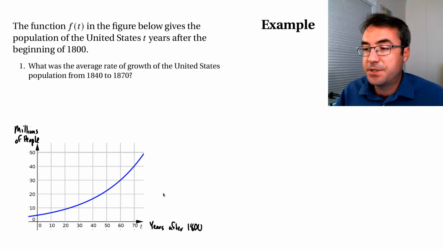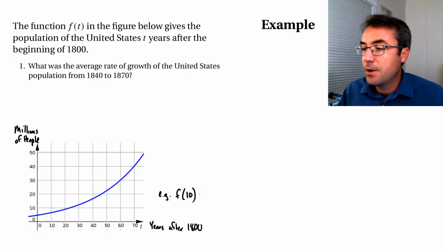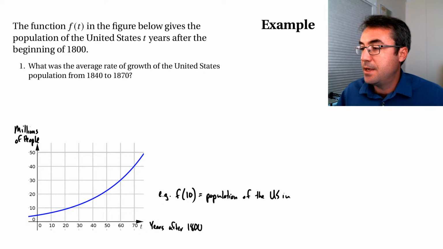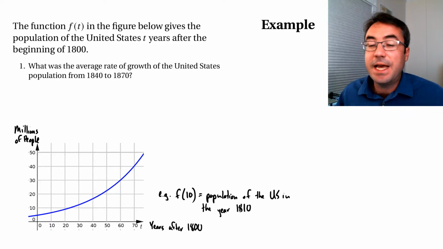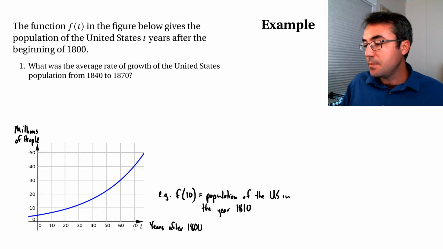So for example, let's just see what this function's doing when we say f of 10. What does that actually mean? Well, this is going to be the population of the US in the year 1810, so 10 years after the year 1800. So that's what this function represents.